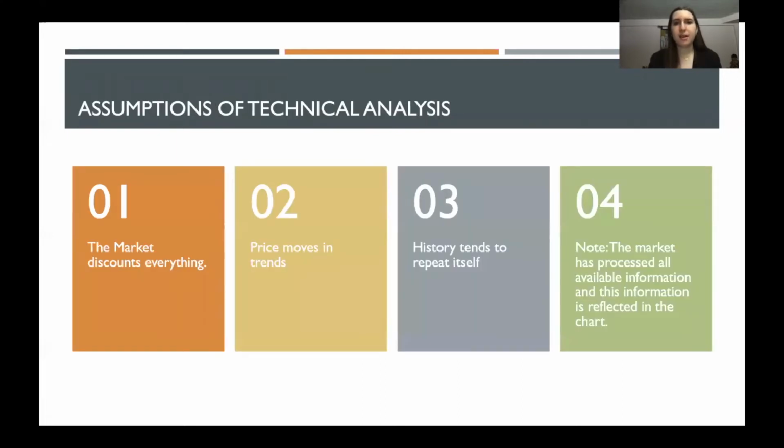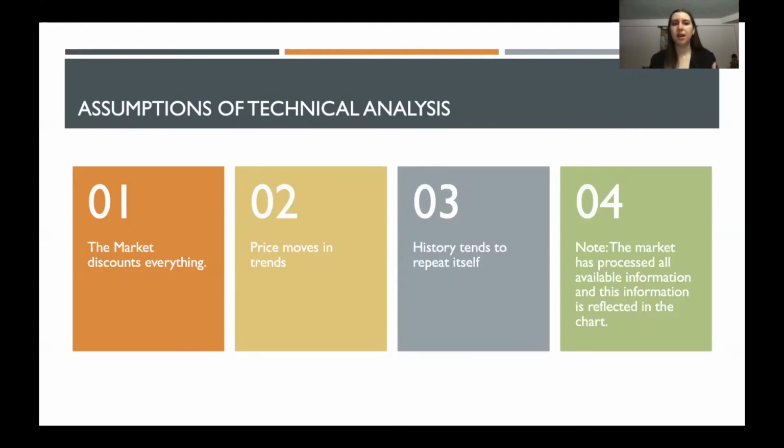So there are some assumptions that come with technical analysis that you should be aware of. First is that the market discounts everything. This indicates that we take into account any psychological behavioral factors that could influence the market and its trading, as well as the fundamentals of the business, which we talked about a bit already. So really it's assumed that those factors are already put into the price.